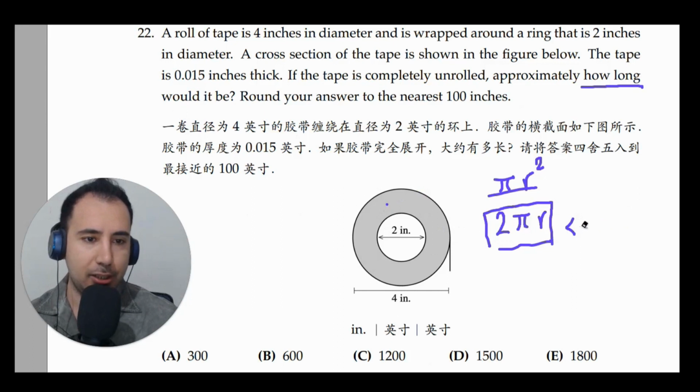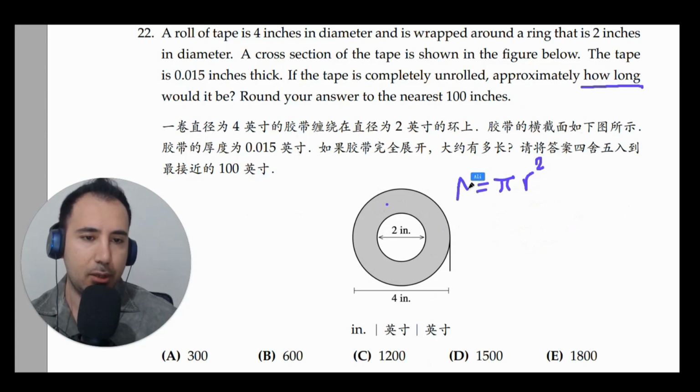But actually, even though it says how long, this is actually an area question. How do we know this? You have to visualize this during the test. You have to go, okay, I'm going to cut this much of the tape.